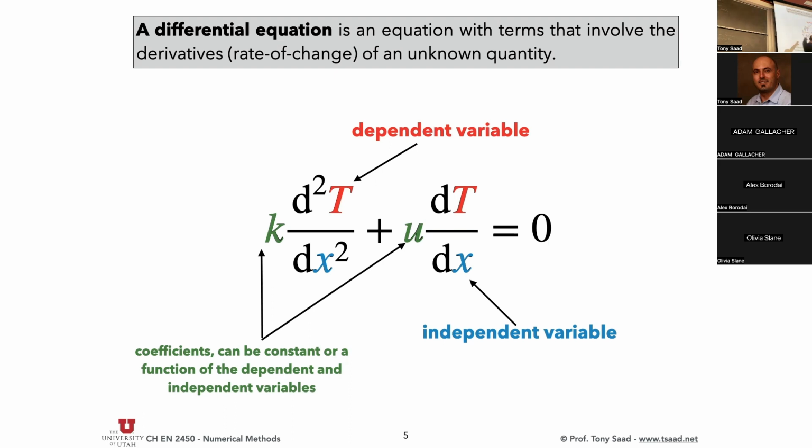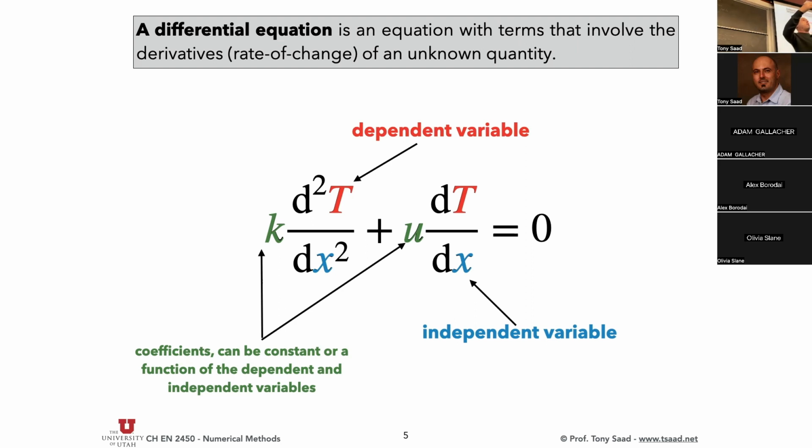For example, k is what we know as the heat diffusion coefficient, which we saw in the heat transfer problem. That k usually tells you how fast heat is being transferred throughout the material. Now that k could be dependent on location. Let's say you're looking at heat transfer through an insulated wall. You have the drywall first, that has one coefficient of heat transfer, and then you have some insulation which has a lower rate of heat transfer because it's an insulation.